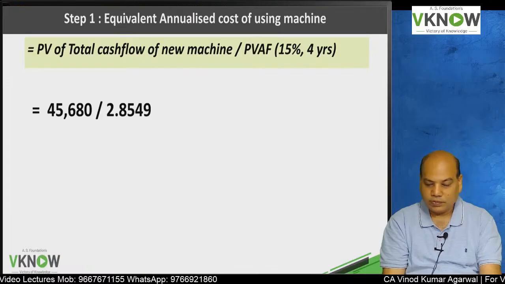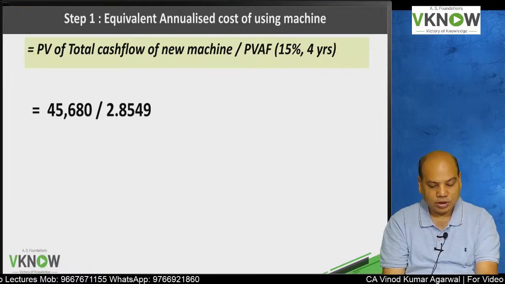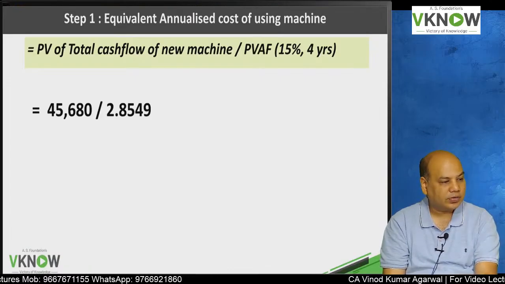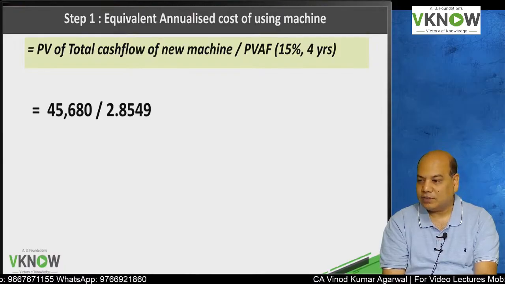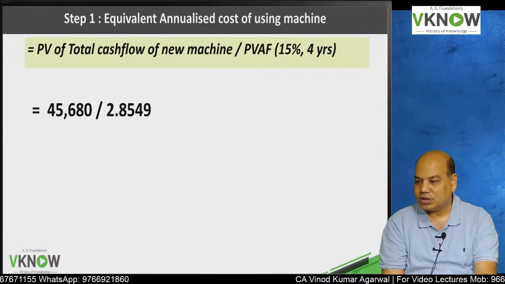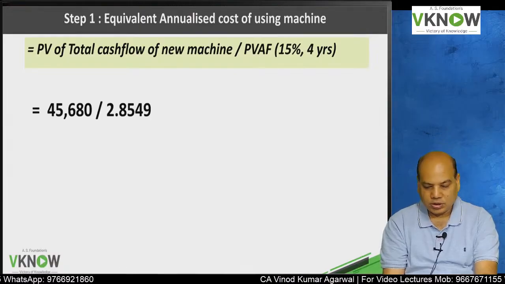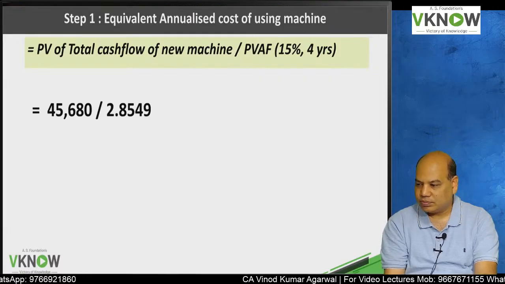Question has already given you PV of cash flow in the third line, 45680, and on your calculator you please take annuity factor, check does it come to 2.8549. Does it come to 2.8549? Please check and then write.